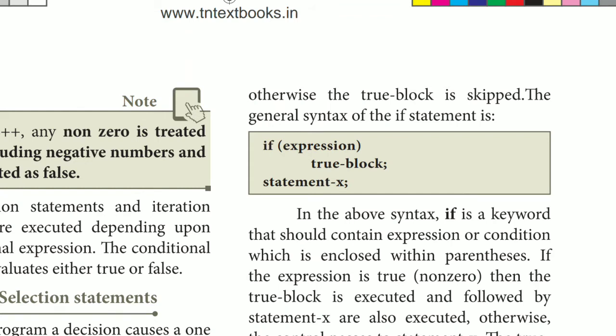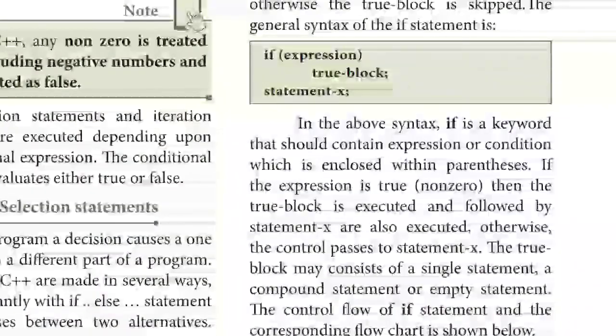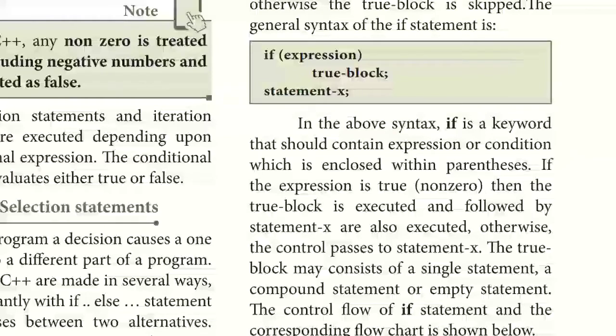So in the above syntax, if is the keyword that should contain an expression or condition which is enclosed within parentheses. If the expression is true, which is a non-zero value, so true means in C++ it's a non-zero value, then the true block is executed, followed by the statement x.